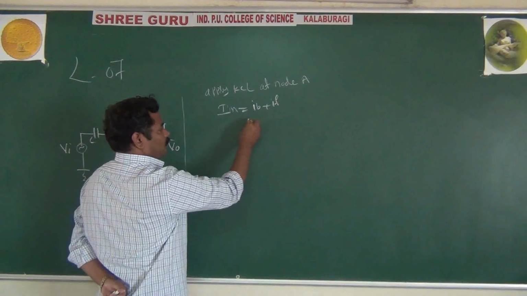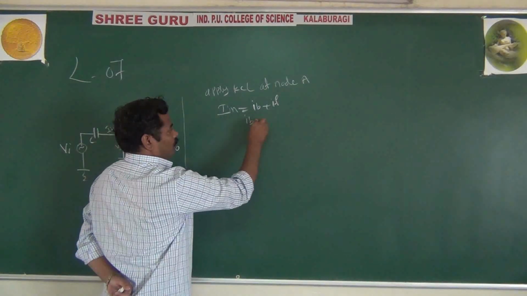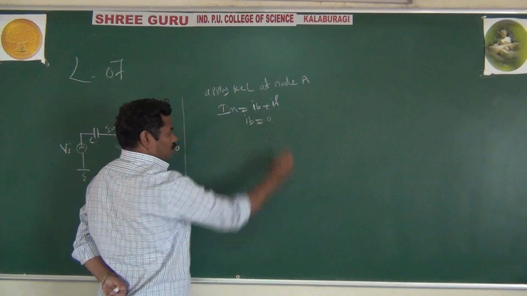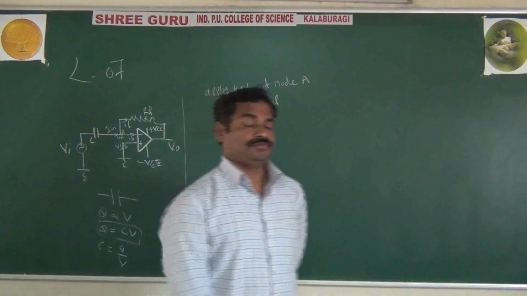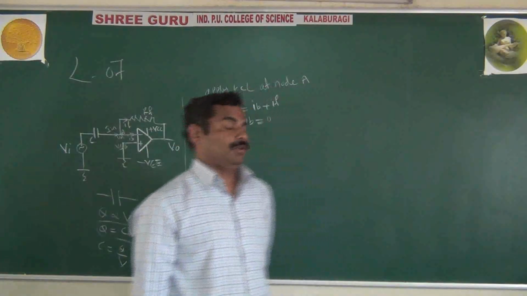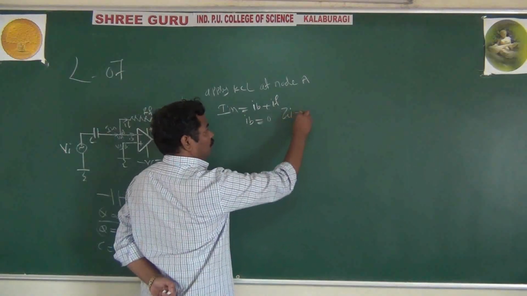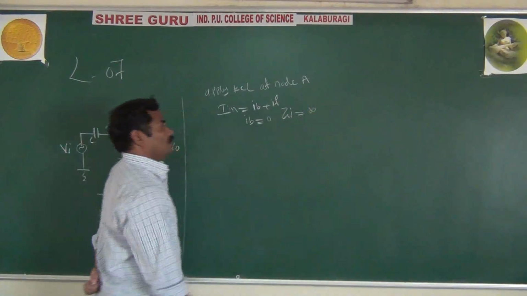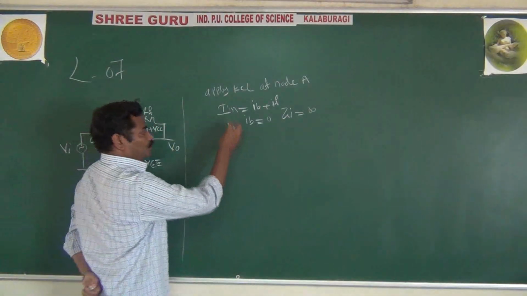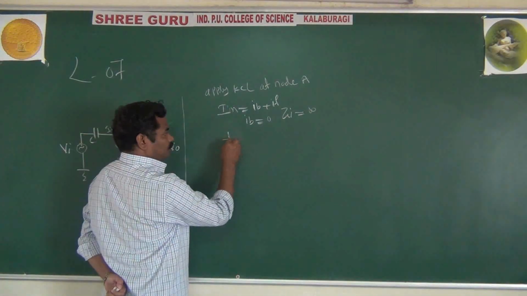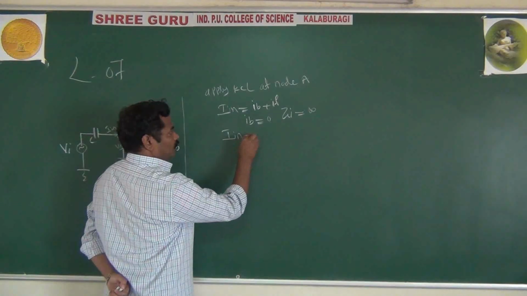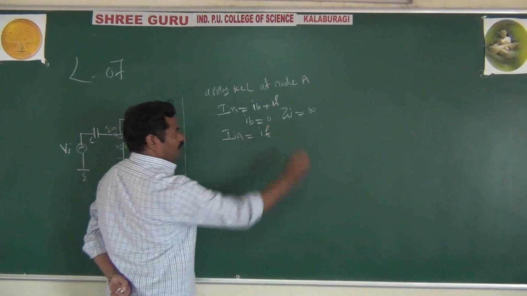As usual, we know that IB is 0. Why is IB 0? Because you are considering an ideal op-amp. In an ideal op-amp, the input resistance is infinity, the input impedance is infinity. That's why IB is 0. It means you can write IN equal to IF.